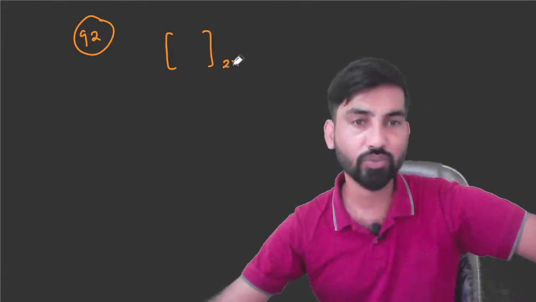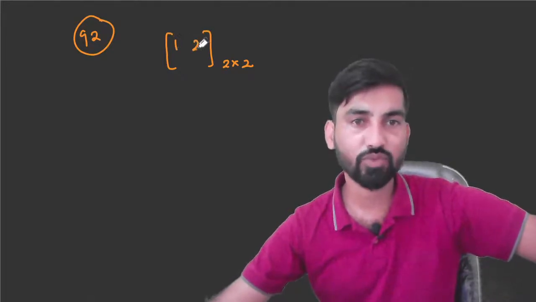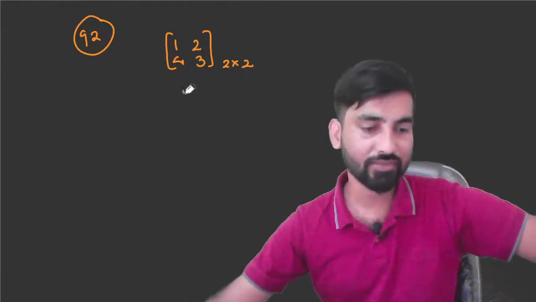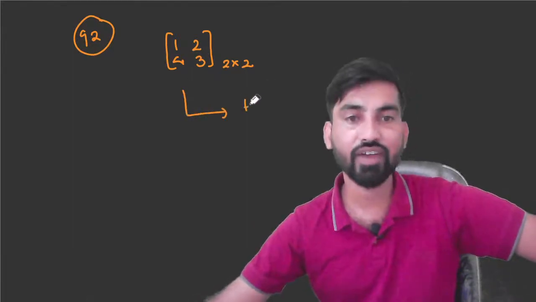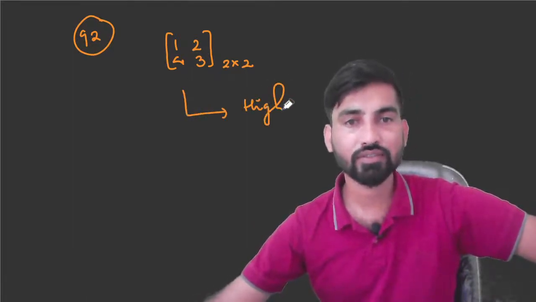So you can see here the matrix was given. It was a 2 by 2 matrix, right? And the elements of the matrix are 1, 2 and 4, 3, right? And they ask what can be the highest eigenvalue, okay?